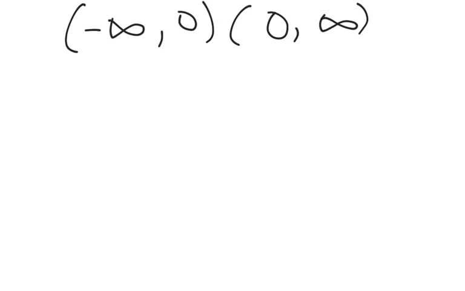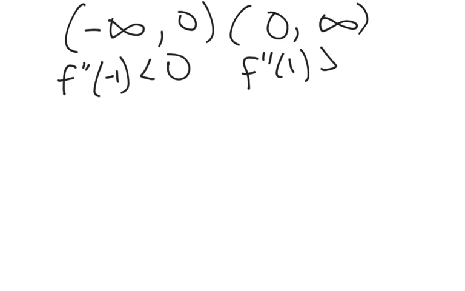Just double checking something there. So f double prime of, let's say, negative 1, that's going to be less than 0 because it was 6x, so it would be negative 6. F double prime of positive 1 would be greater than 0. And so the minimum occurs when x equals 0. Let's see.